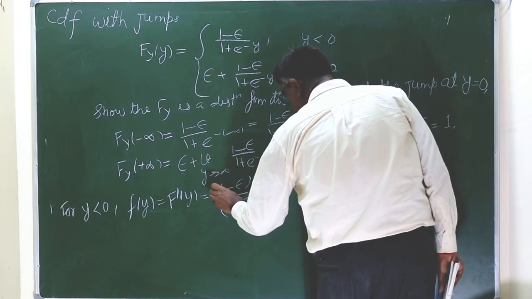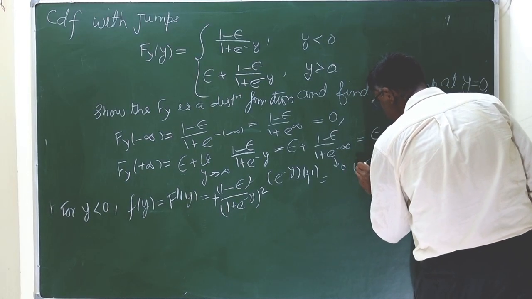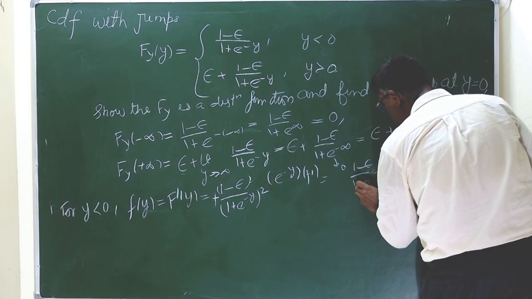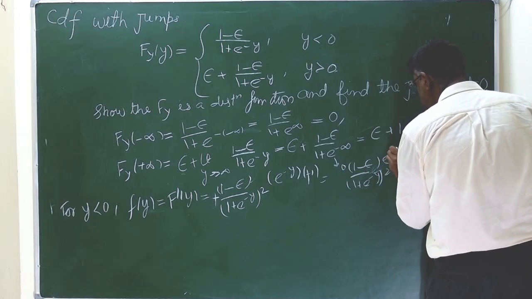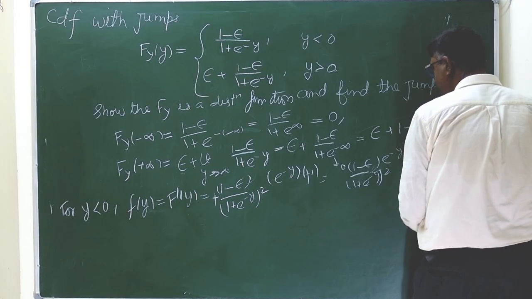So the minus cancels out and it is (1 minus epsilon) upon (1 plus e to the power minus y) whole square, multiplied by e to the power minus y, which is always positive for y less than 0.